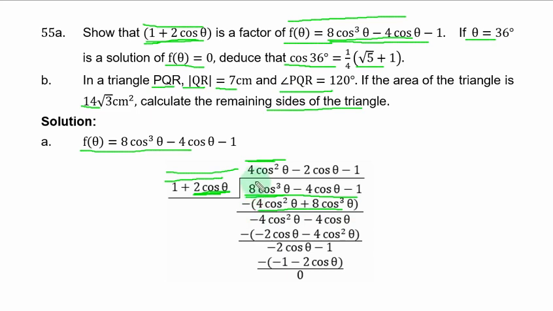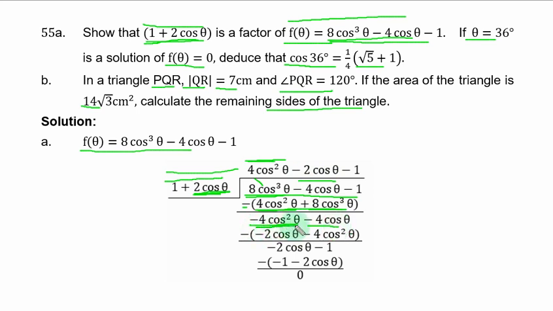When you subtract 8 cos cube theta minus 8 cos cube theta is 0. This place becomes negative, and because no other term you can subtract it from, you bring it down. The next term, minus 4 cos theta, you bring it down also before you divide again.